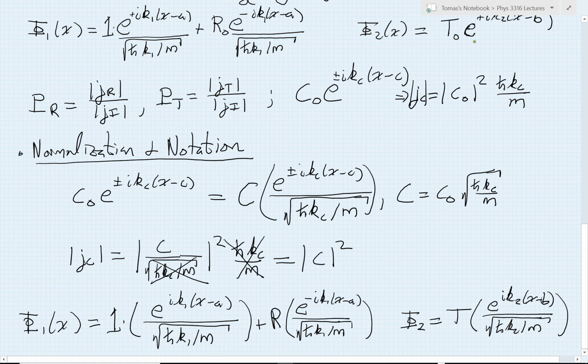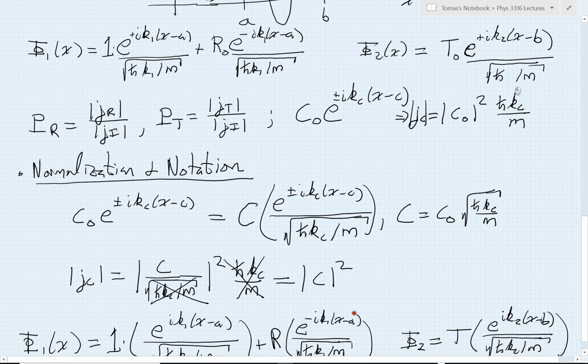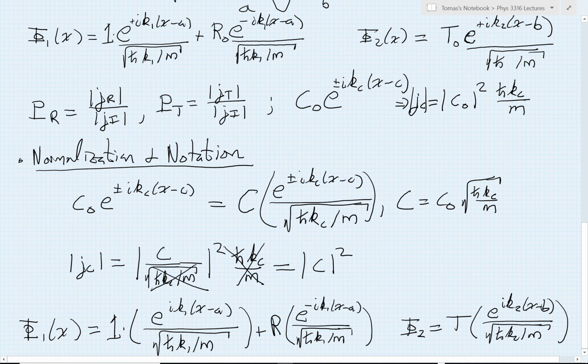And finally, I have to divide through my entire wave function to pull out this overall normalization. This is then going to be divided by the square root of h bar K1 over m. I should put a K1 in here, but notice the normalization convention that I have wants me really to put a K2 down there.